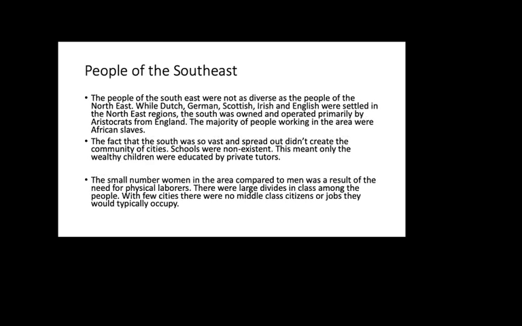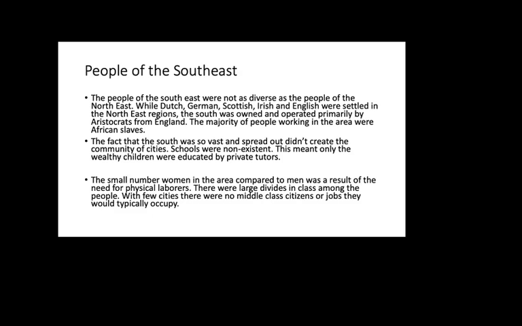Okay, the people of the Southeast were not nearly as diverse as the people in the North. In the North, we had people from all over the European countries that were coming here to create a new life. In the South, the majority of the people there were either rich English plantation owners or the slaves they had brought in, or the indentured servants.